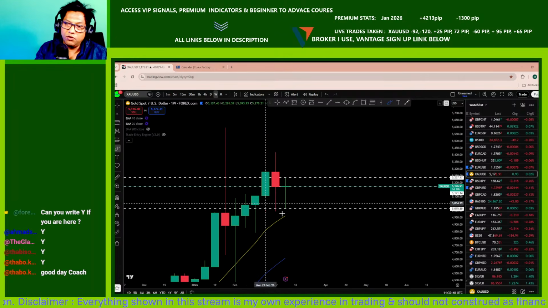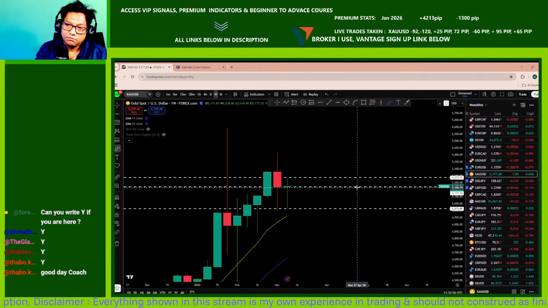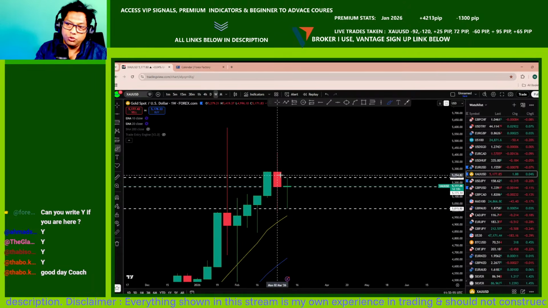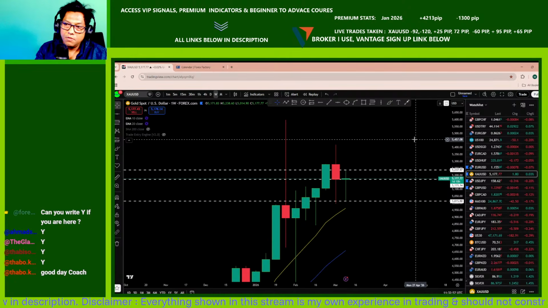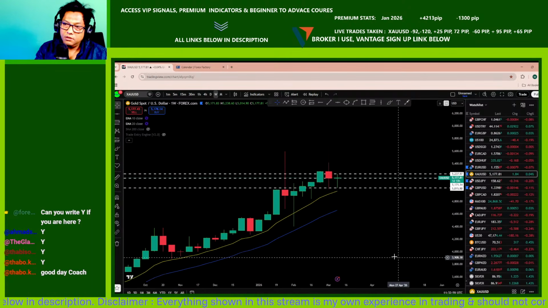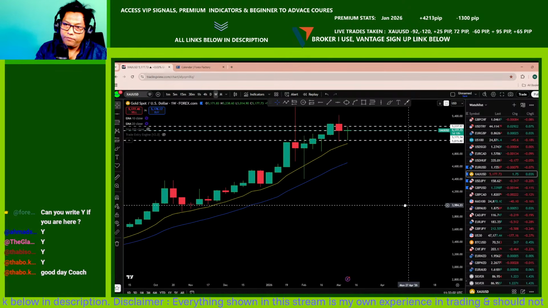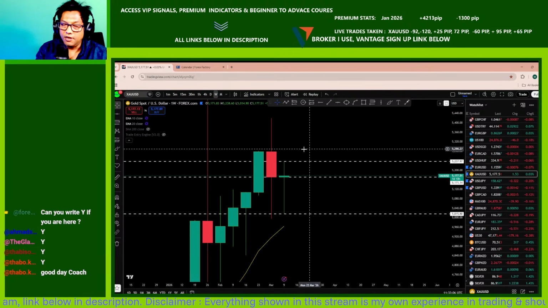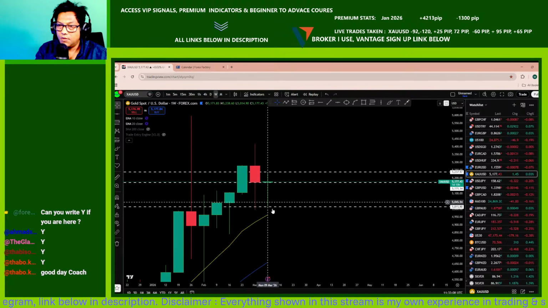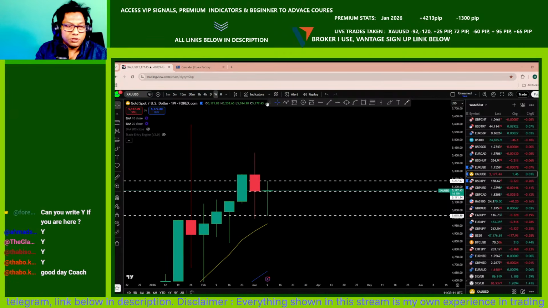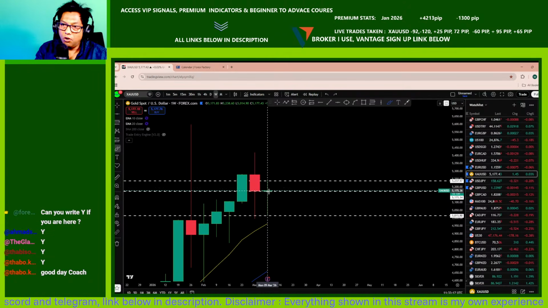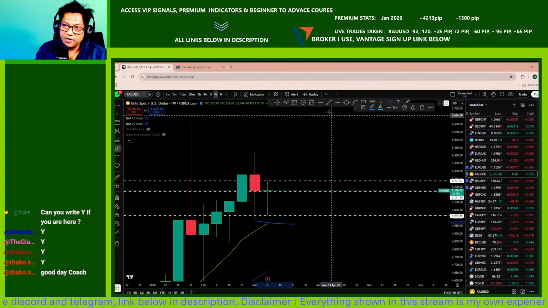But technically, if you look at it, there was a previous week, a long-wick doji with a narrower body. Do you think it's going to create a bullish engulfer here, or could we see it breaking below here?